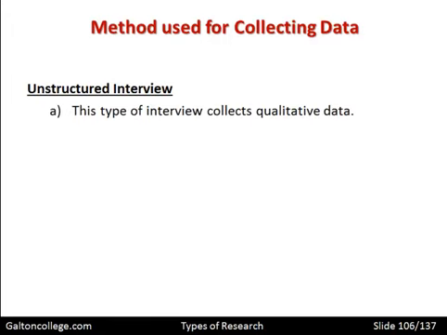Unstructured interviews. Well, this type of interview collects qualitative data. It's not structured. It's just looking at wide situations, and it's a very open format.